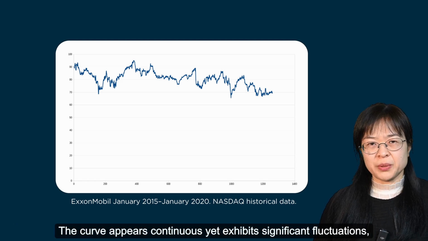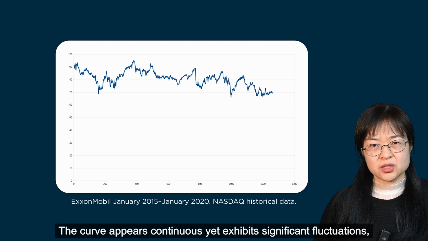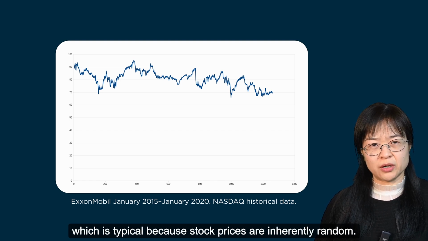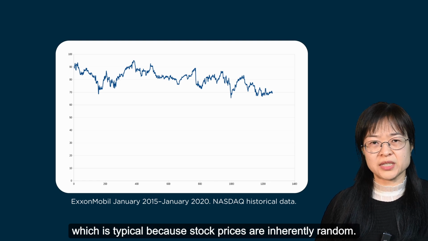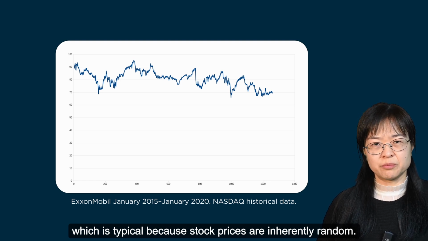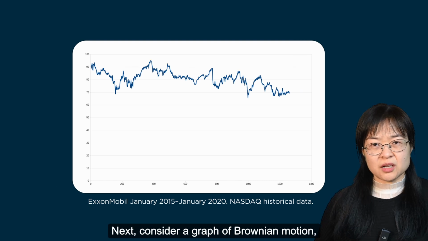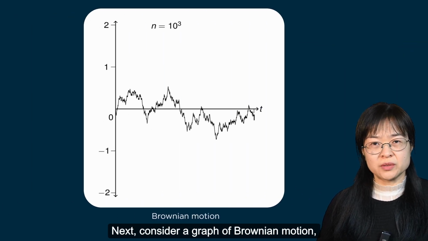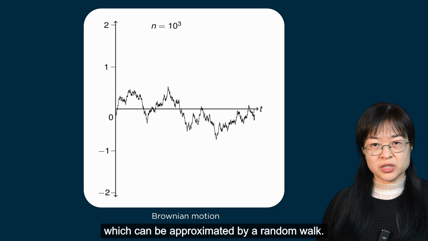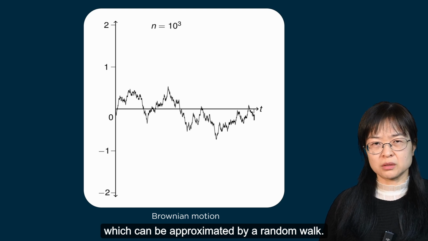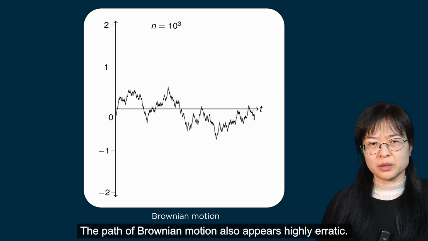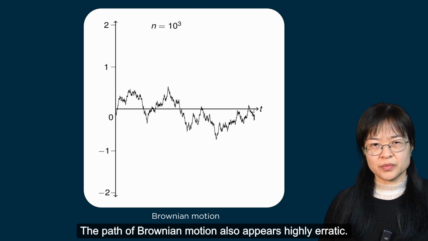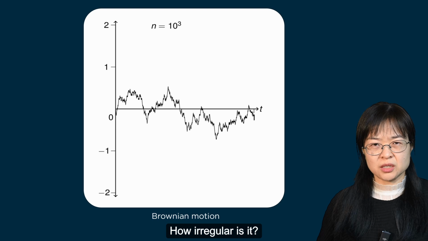The curve appears continuous, yet exhibits significant fluctuations, which is typical because stock prices are inherently random. Next, consider a graph of Brownian motion, which can be approximated by a random walk. The path of Brownian motion also appears highly erratic. How irregular is it?